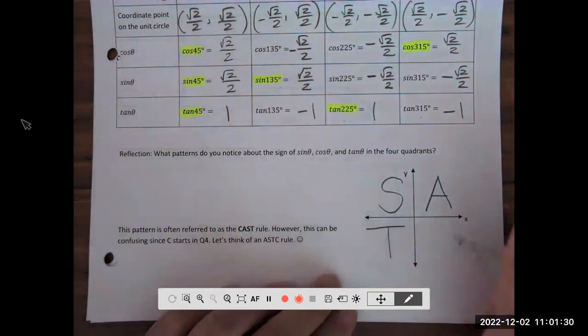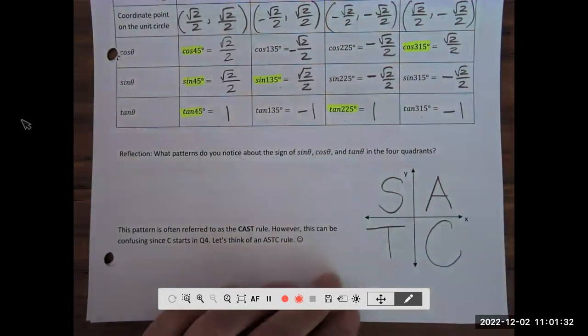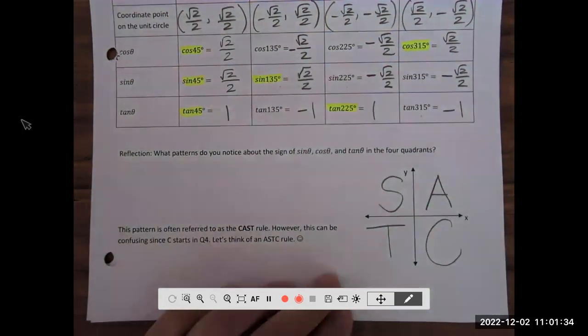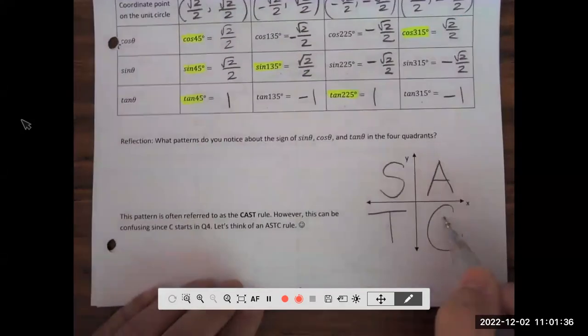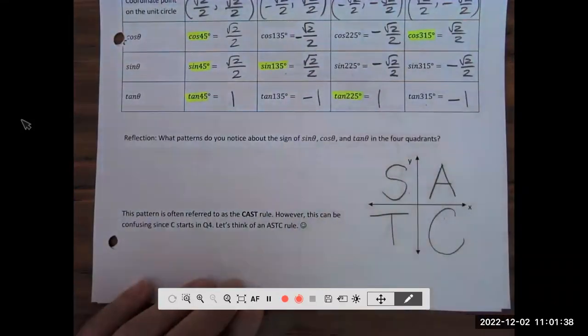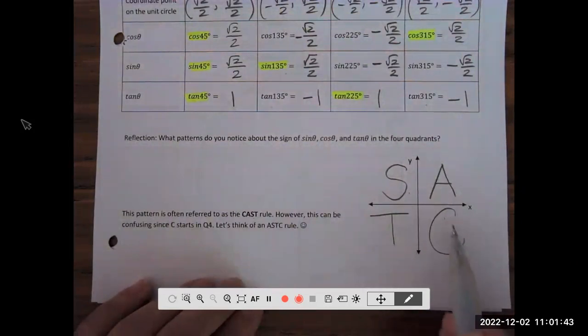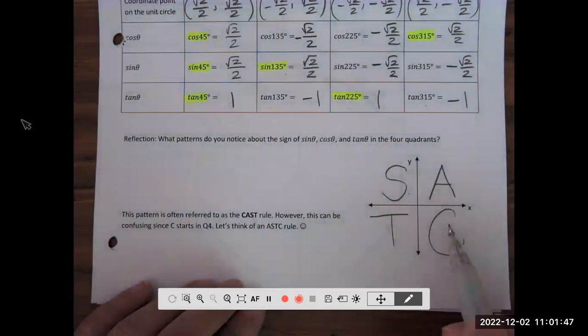Quadrant number 4, cos is positive. So it's called the CAST rule because we say C-A-S-T, but it's kind of confusing because this is quadrant number 4. So it's kind of strange that we're thinking of the word CAST because we never count 4, 1, 2, 3. That doesn't make sense.